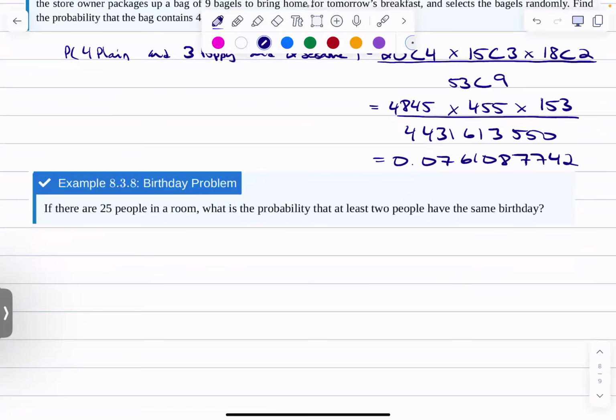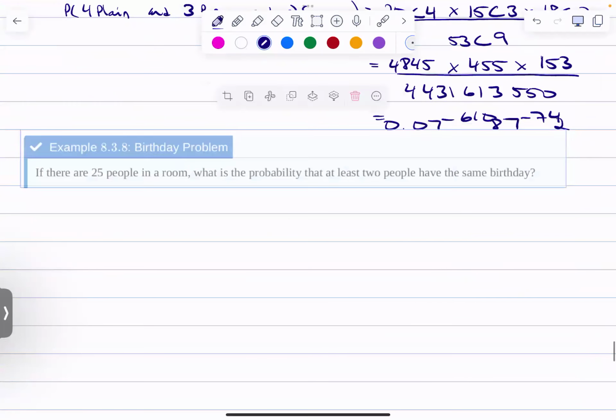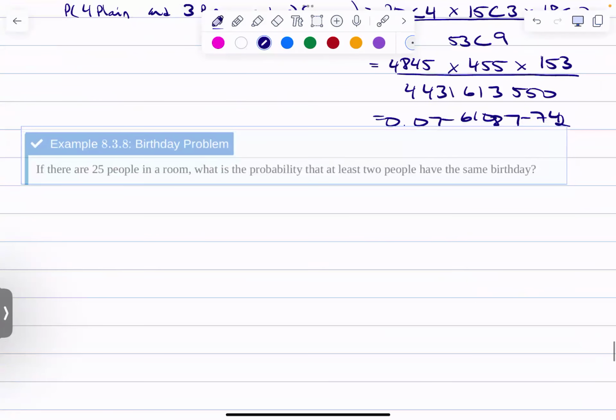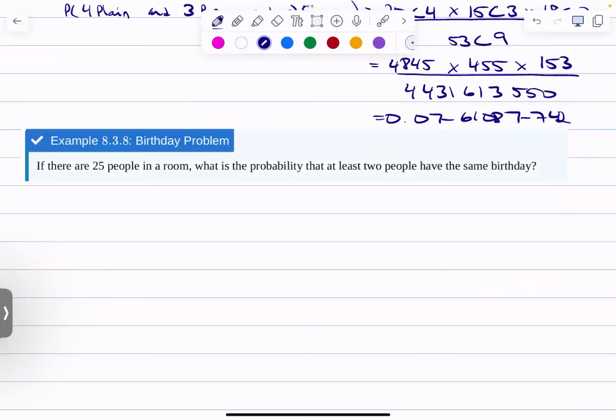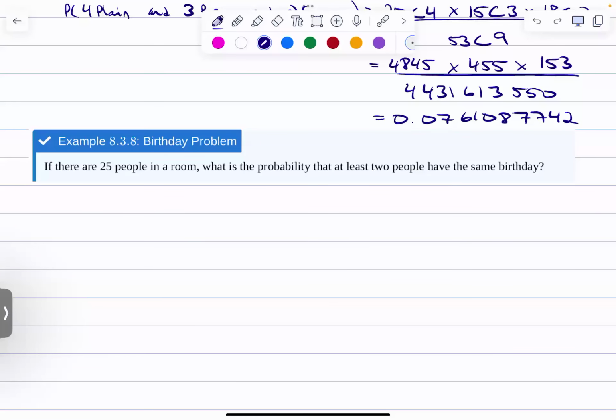We'll do the birthday problem real quick because it's the last one. And it's a really fun one. But it's also too hard to do on the final exam. So the birthday problem is finding the probability that two people in a room have the same birthday.